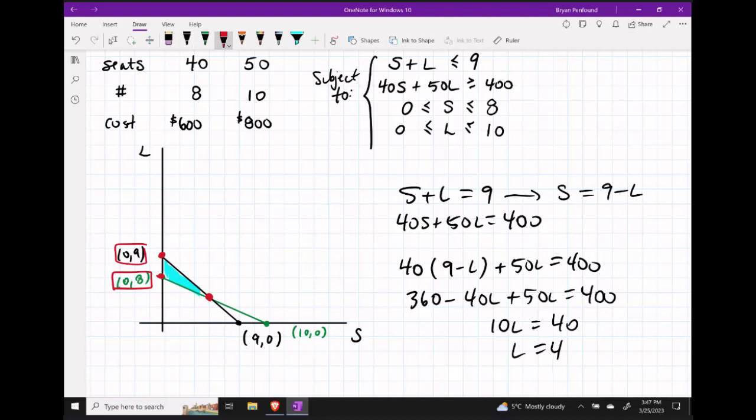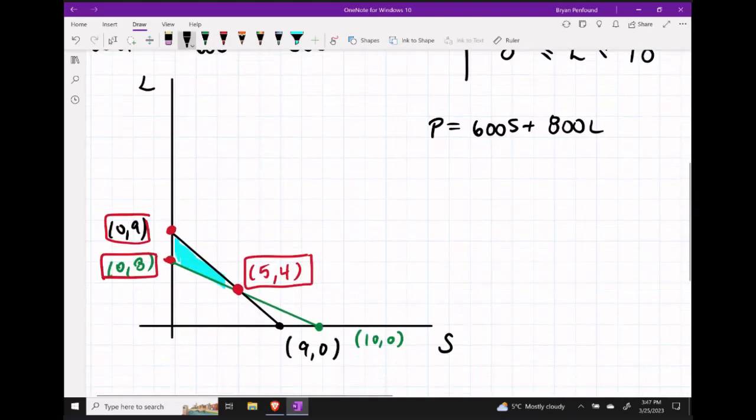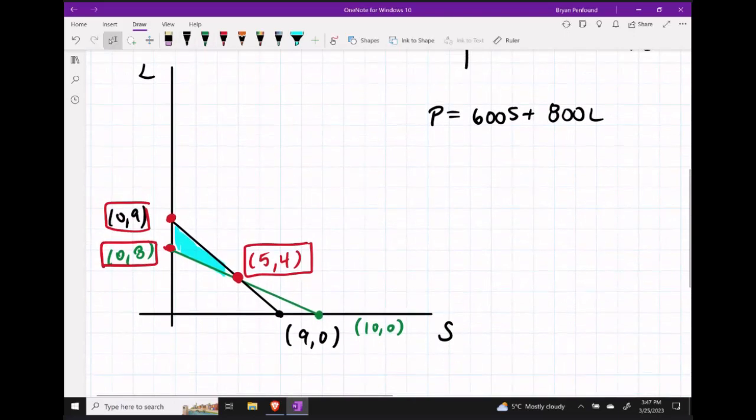And if L is equal to 4, that means that S has to be 9 minus 4. S has to be 5. So our last corner point of interest is going to be 5, 4. All right, now we move into our minimization equation.